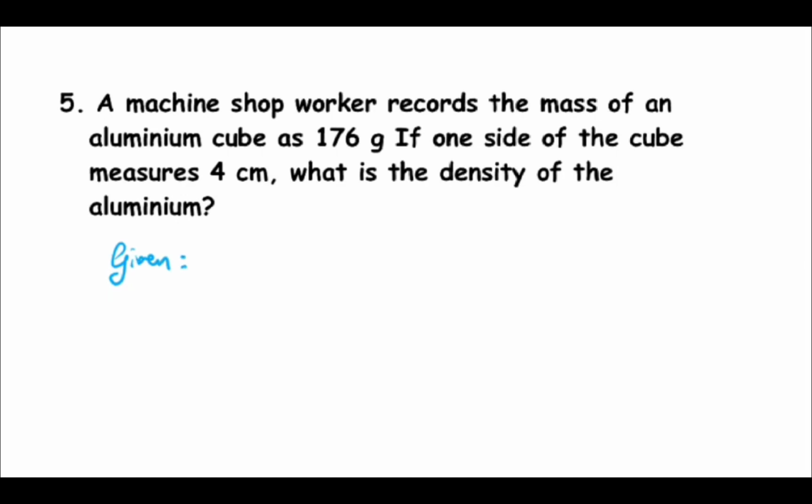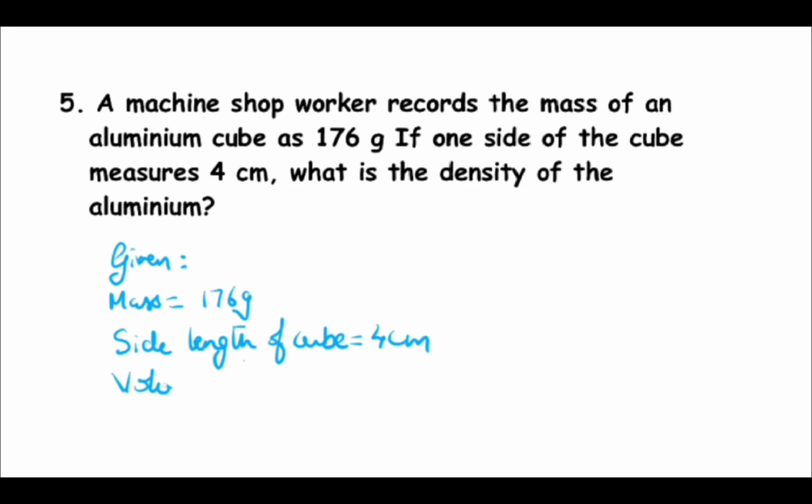A machine shop worker records the mass of an aluminium cube as 176 grams. Mass is equal to 176 grams. If one side of the cube measures 4 centimeter, what is the density of the aluminium? So, volume we need to find out. Before writing that, I should write side length of cube is equal to 4 centimeter.